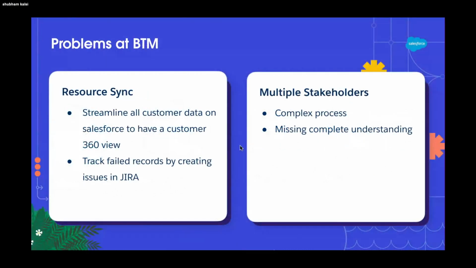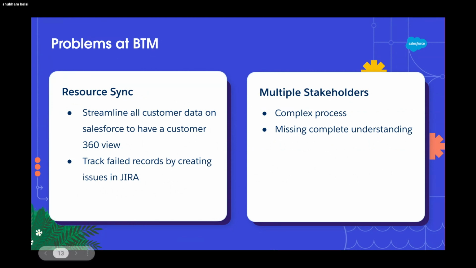Just to reiterate the problems that Between Two Mules is facing, it's very hard to track the failed records, and they would like to track the failed records from the database to Salesforce. If any of the records fail, they would like to track it, and they would like to have a customer 360 view. That is the reason they are moving to Salesforce from an on-prem database.